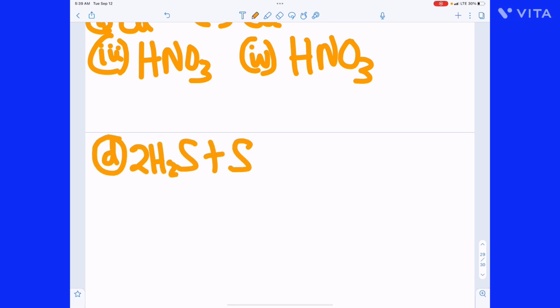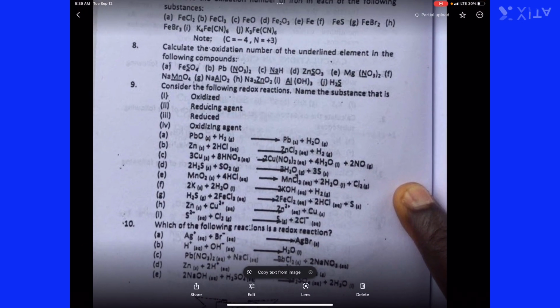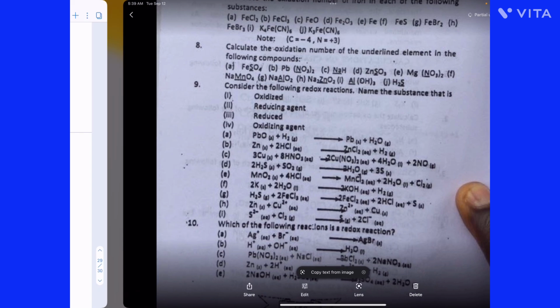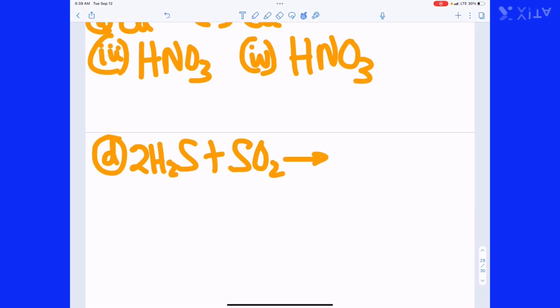2H2S plus SO2 to give 3H2O plus 3S. Okay, I think that was 2H2O plus 3S.